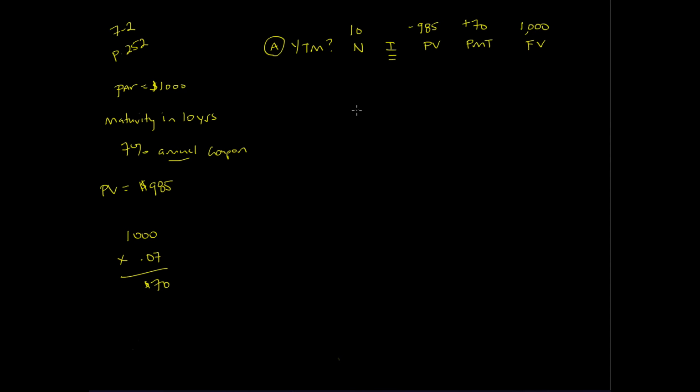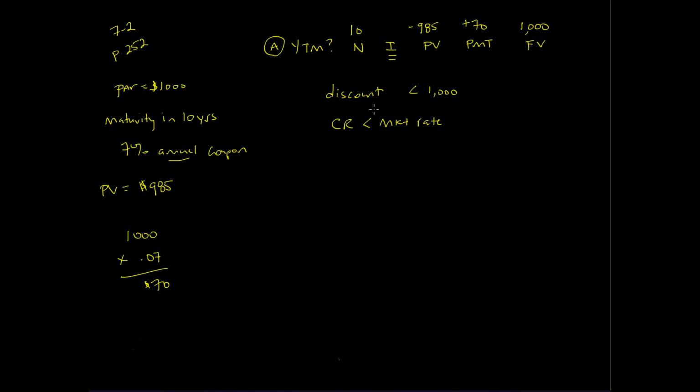We should be able to look at this and get an idea of what the yield is going to be equal to. If we look at price, we see that the bond is selling at a discount to par, selling for less than $1,000. We know that when a bond is selling at a discount, the coupon rate is less than the market rate.